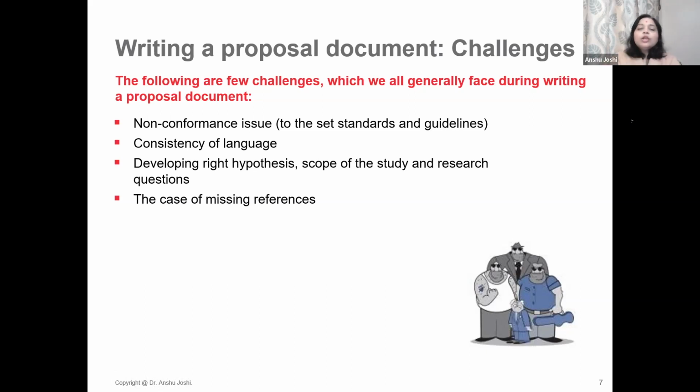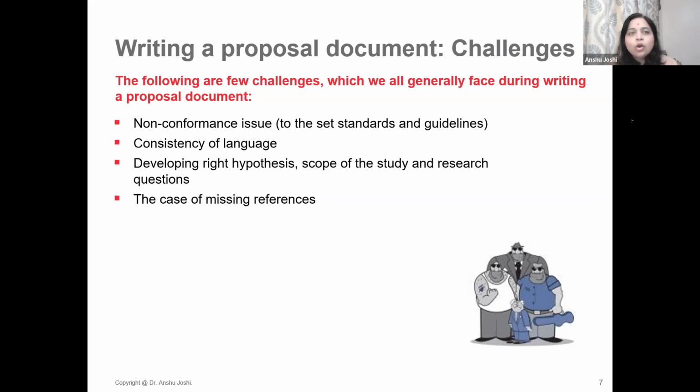For example, UGC has provided a detailed guideline document for writing research proposals to apply for projects in various government bodies. So there are certain standards, there are certain do's and don'ts that the researcher needs to follow. A lot of times when the researcher doesn't know about such standards and guidelines, non-conformance issues occur.